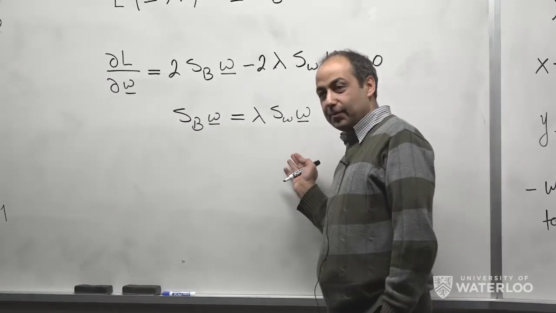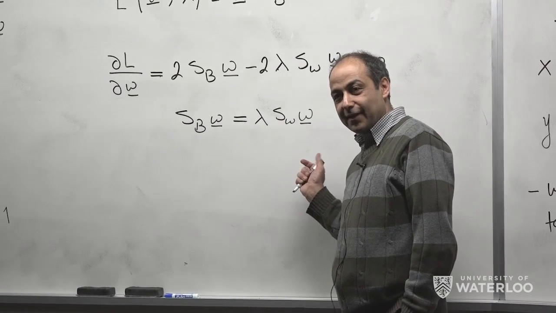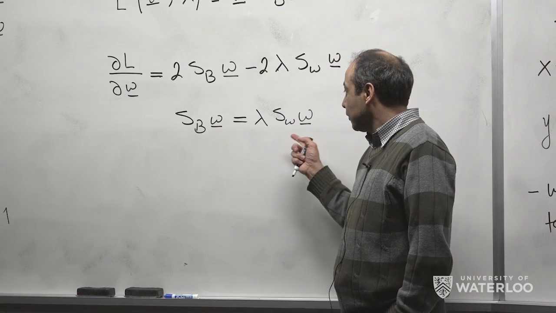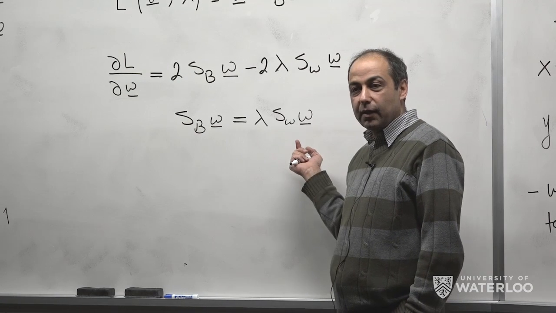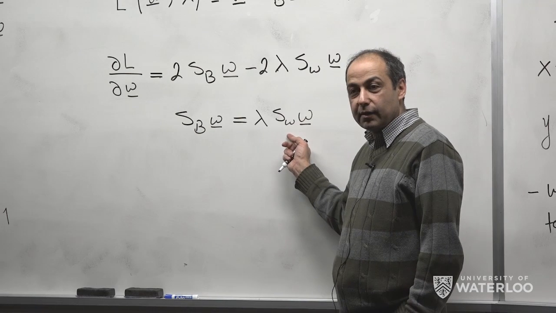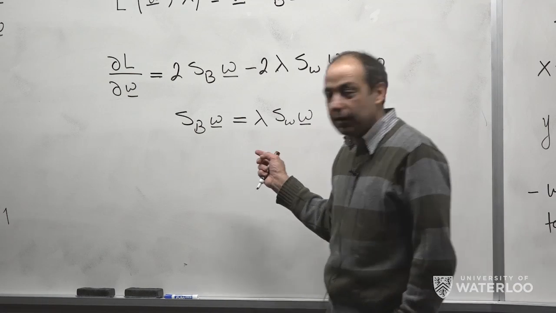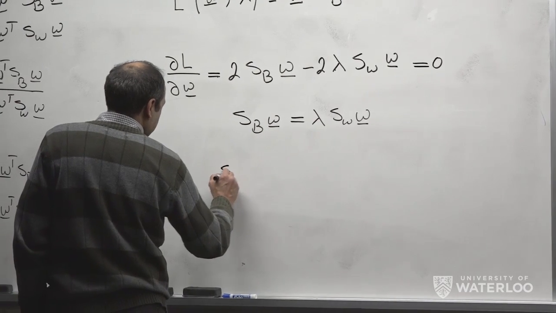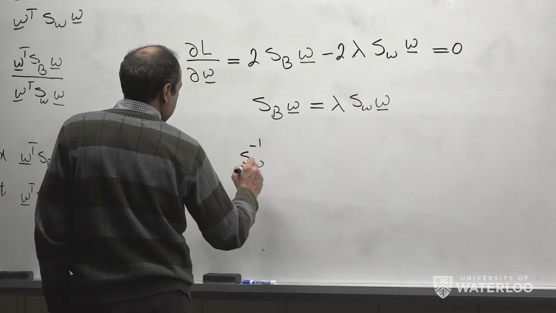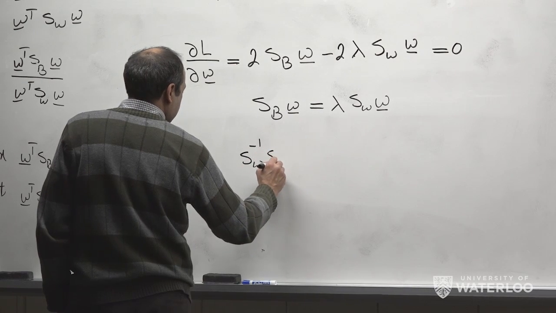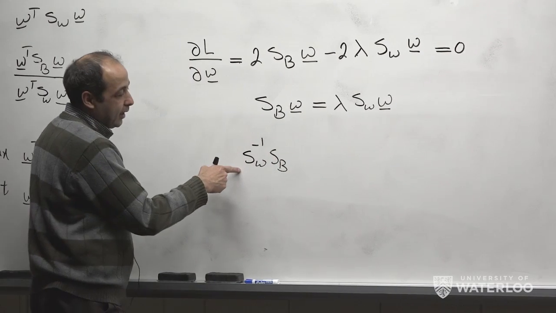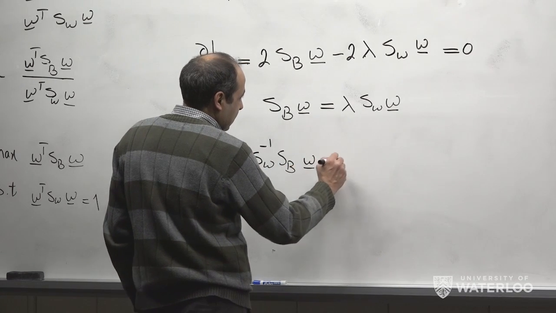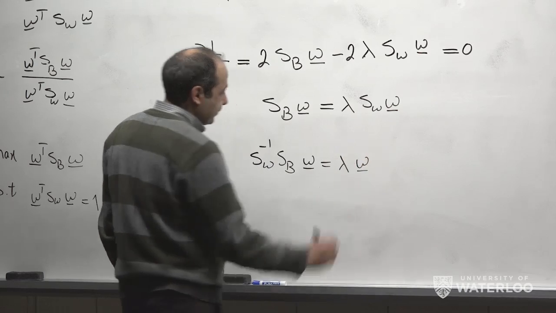And what is that matrix? Yeah, true. I can multiply both sides with the inverse of SW. So from the left, if I multiply everything by the inverse of SW, then I have SW inverse SB W is equal to lambda W.